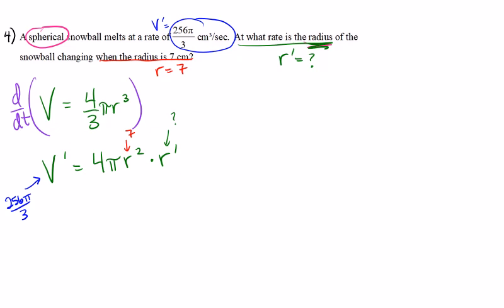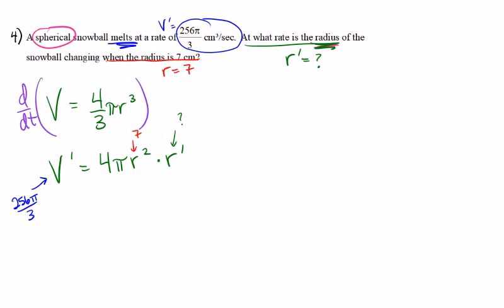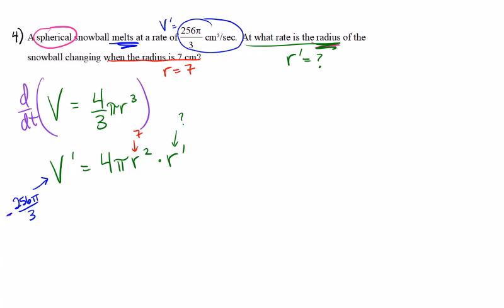This problem says that a snowball melts at a rate of 256 pi over 3, so it's easy to overlook that and just start plugging in values. They don't give us a negative symbol, but we have to include it. Don't forget that that's a negative rate there, so we put a negative in for the rate of volume.